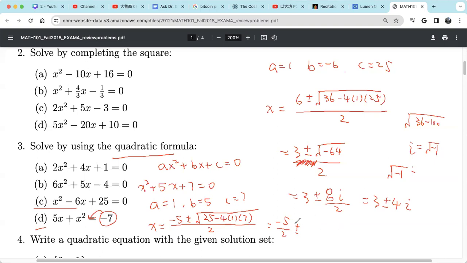We have 25, 4 times 1 is 4, 4 times 7 is 28. 25 minus 28 gives the square root of -3. Again, we got two complex solutions. So the real part is -5/2 plus or minus. The imaginary part is square root of 3 over 2 i, because the square root of -1 is i. So two complex solutions.